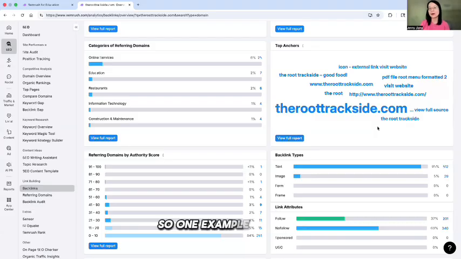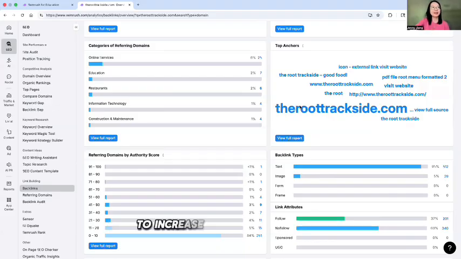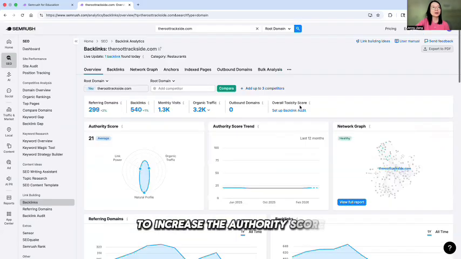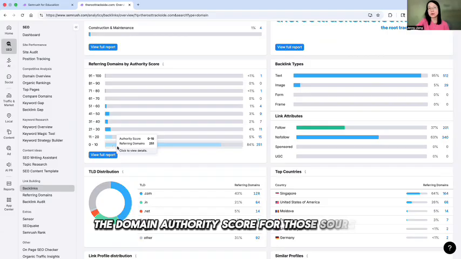One example could be to try to earn more local and relevant backlinks from community sites, local organizations, university-related pages, or local dining resources to increase the authority score, the domain authority score for those sources.